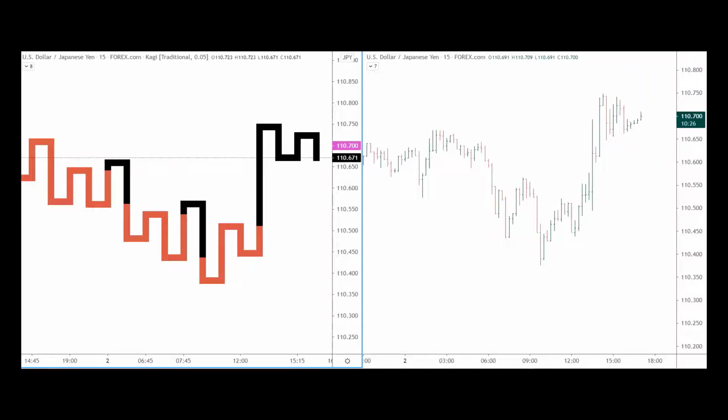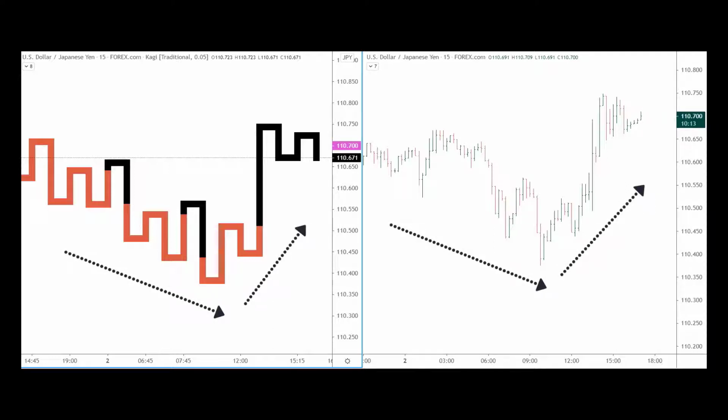Here I've just set it to 0.05 on the Kagi chart instead of the 0.5, and instantly you can see that by doing that quick switch we cover a similar looking period to the bar chart on the right.